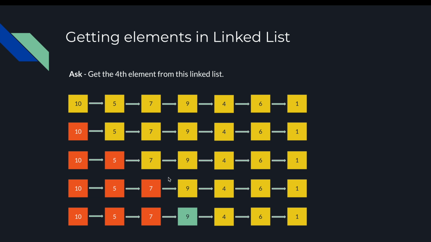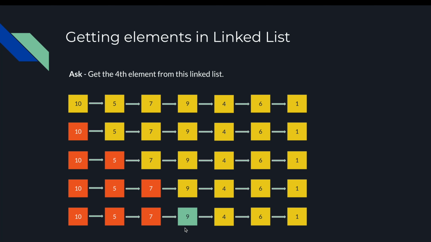So as you see, in order to reach a node, we have to iterate over the nodes that are before our desired node. Think of it like a building that has 7 to 8 floors and you have to reach the 4th floor, but there is no lift in that building. So what you need to do, you have to take the stairs, and one by one you will cross the floors. Like you will reach the first floor and then second and then third, and then your desired floor, that is the 4th floor.